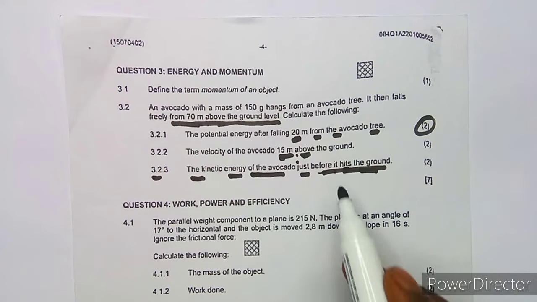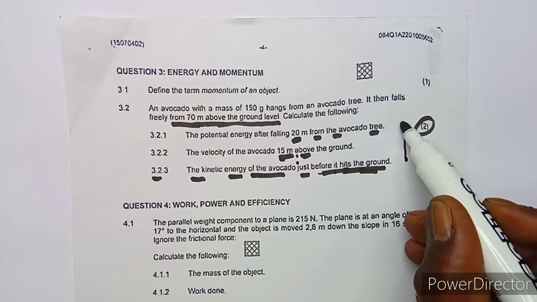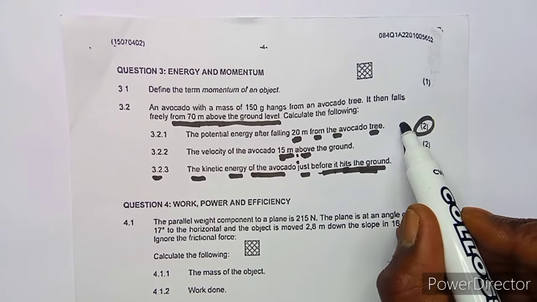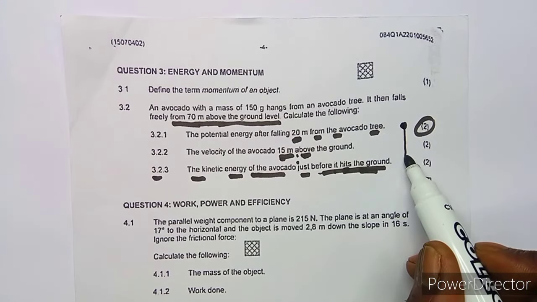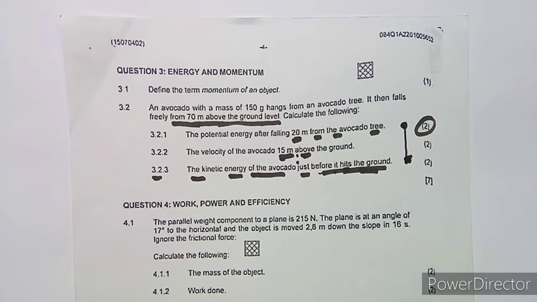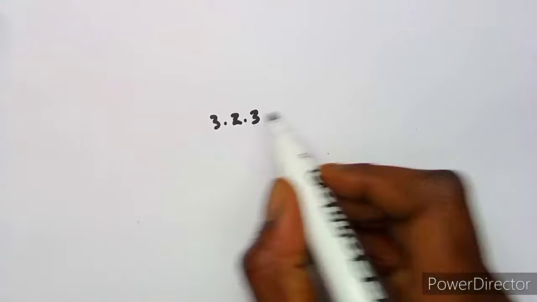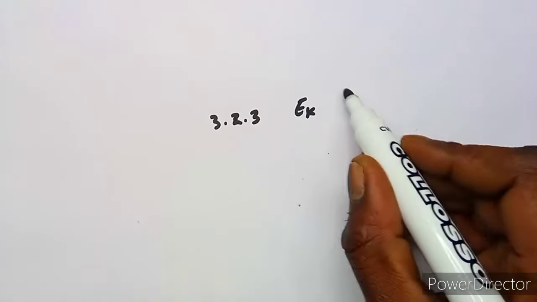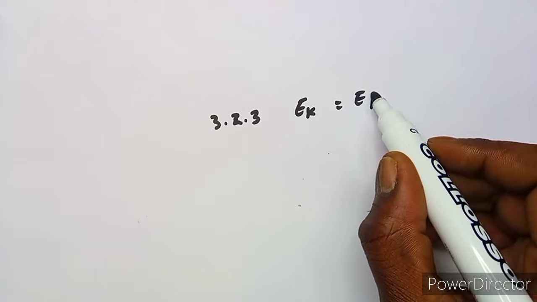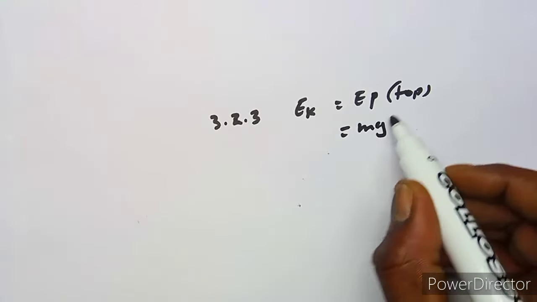I hope we understand what I'm saying, that if you are having the kinetic energy before it hits the ground, that is, it is actually falling from a certain distance, so it is the same potential energy which was at the top. That is the one it is going to have as the kinetic energy just before it hits the ground. So that's our EK, which will be equivalent to EP at the top, which is just mgh.